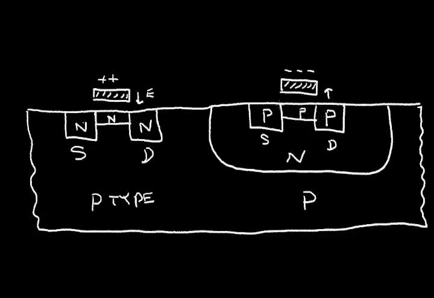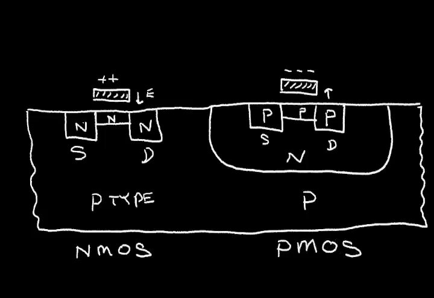So since the mobility of the N-type material is greater than the mobility in the P-type material, this transistor at the left, which is an NMOS transistor, will have better characteristics than the transistor on the right, which is a PMOS transistor.